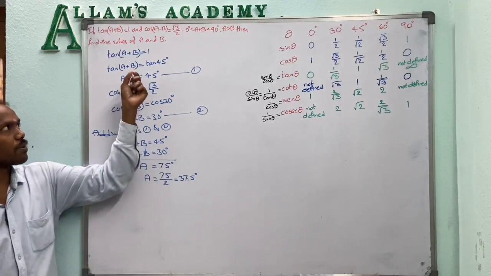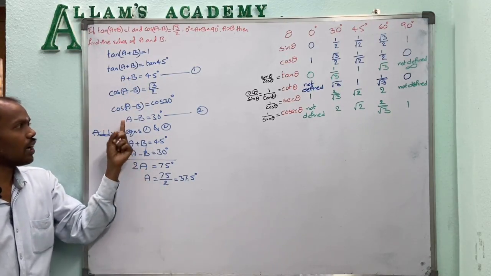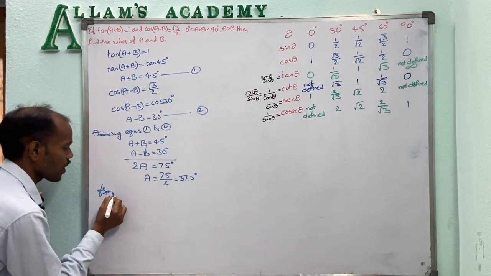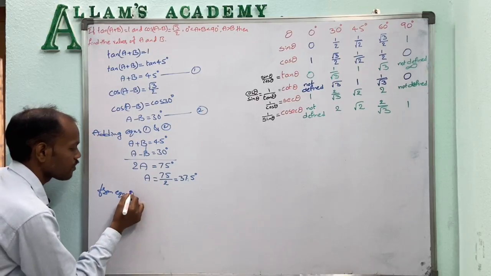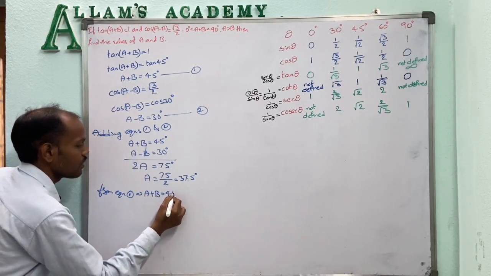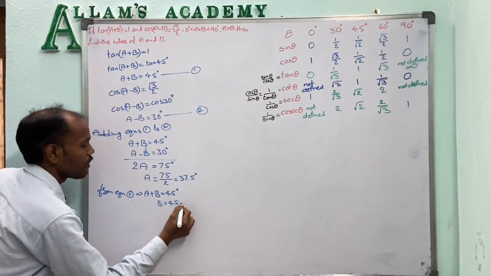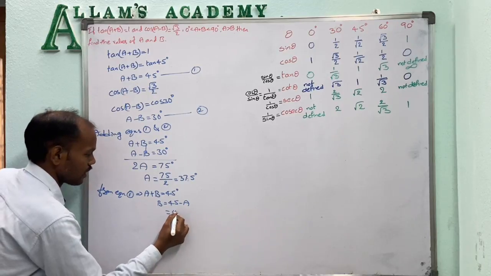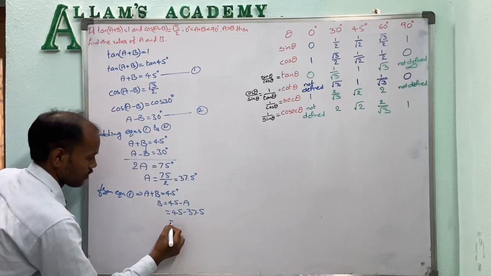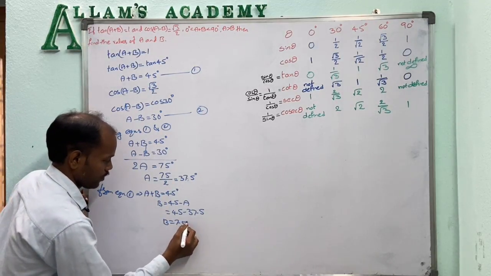Now this value, substitute in the first or second equation, and we get the value of B. I am taking the first equation. From equation 1, A plus B equals 45. Now B equals 45 minus A, that equals 45 minus 37.5, so that equals 7.5.